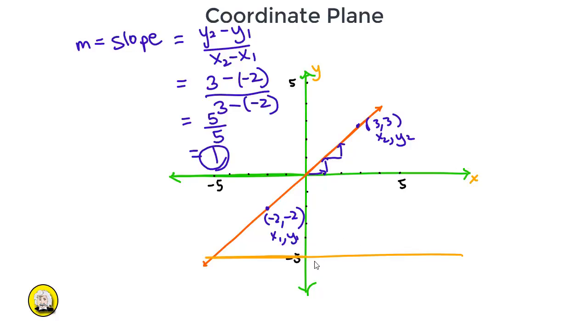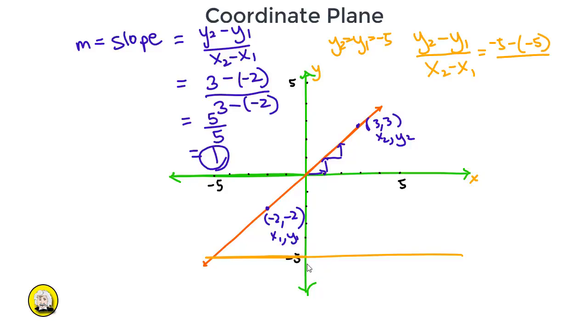Suppose I had a horizontal line as shown in yellow or gold. It intersects the y-axis at y equals negative 5 for every single x. So for each value of x, the y output is negative 5, which means there's no change in y. So y2 minus y1 will actually be 0. It'll be negative 5 minus negative 5, which is negative 5 plus 5, or 0.